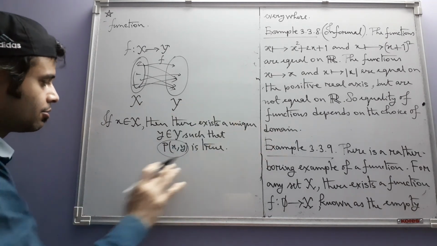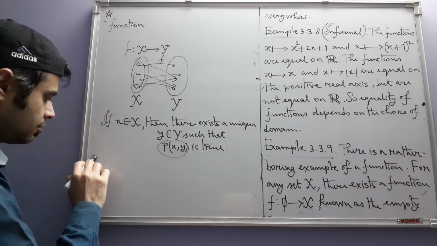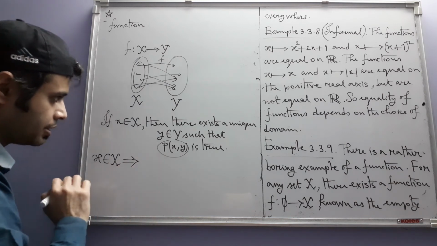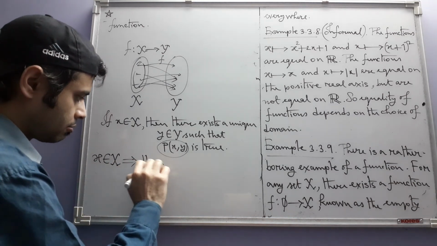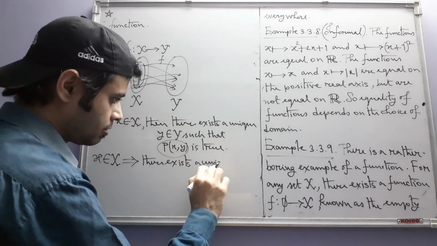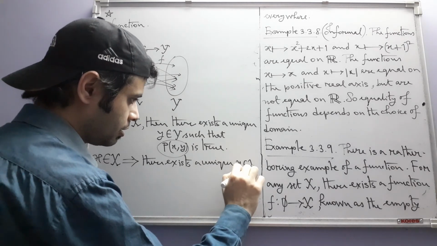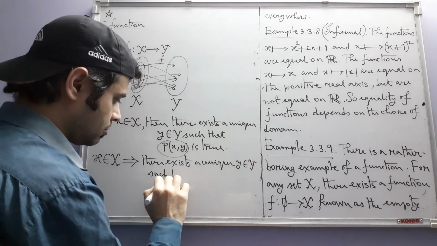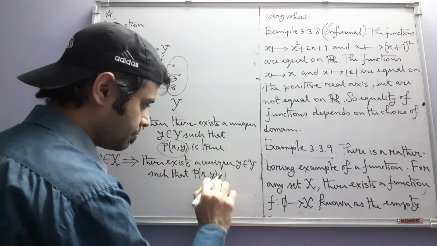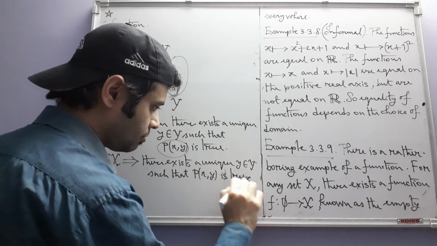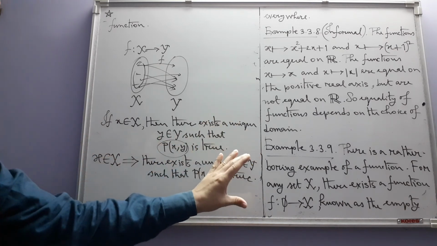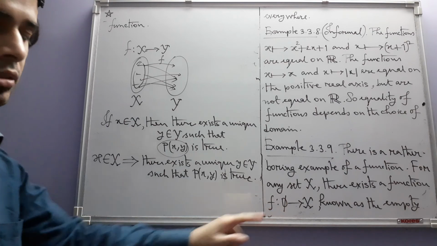Now we can write this whole thing, this is an implication after all, right? In that fashion also we can write x belongs to X implies there exists a unique y belonging to Y such that P(x, y) is true. Okay, now if I apply this condition of a function on this particular case, then what do I have?